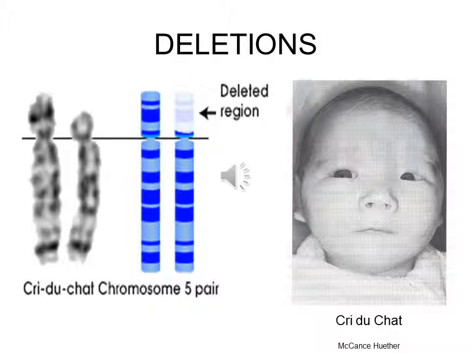The most often cited example of a deletion is the Cri-du-Chat syndrome, in which there are deletions in the short arm of chromosome 5. The name Cri-du-Chat means cry of the cat, and this describes the characteristic cry of the affected child.